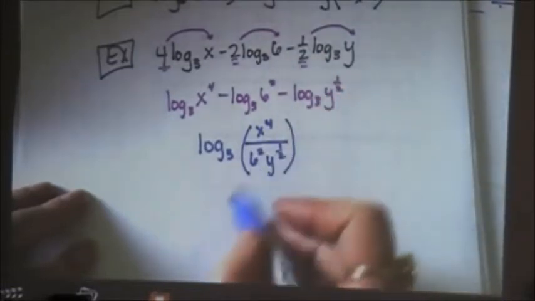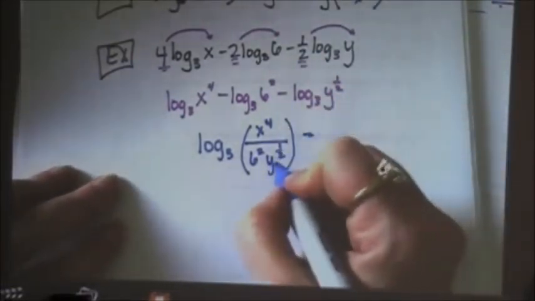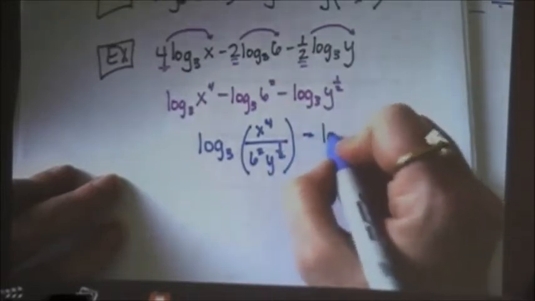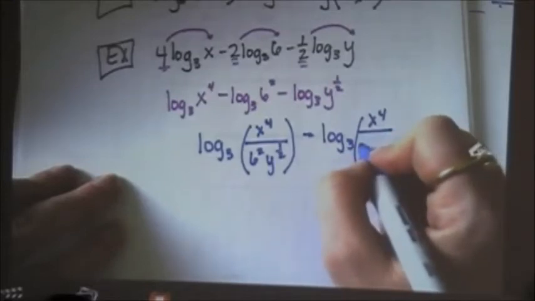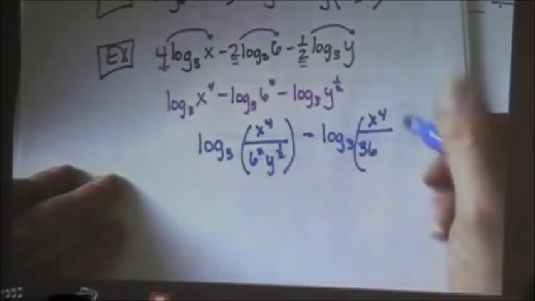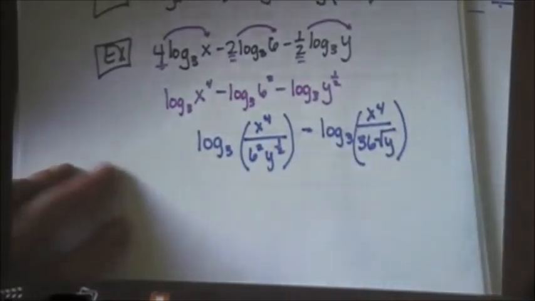Now while that's a correct answer, I think in the computer you have to put back the radical over this one. So you're actually going to put log base 3 of x to the 4th over 36, because that's 6 squared, square root y. And that would be your final answer.